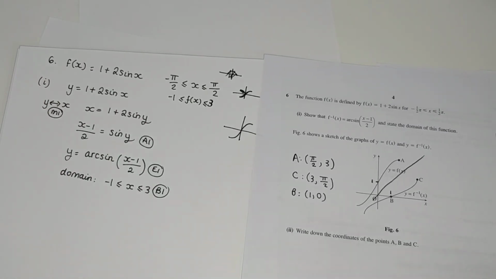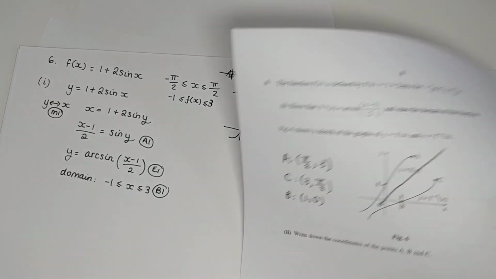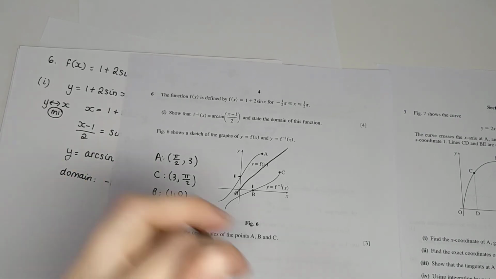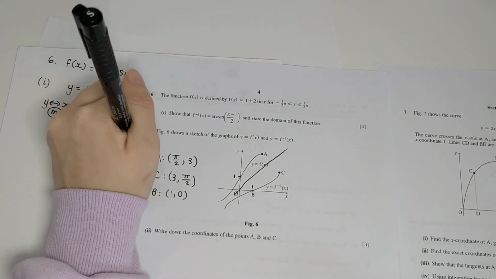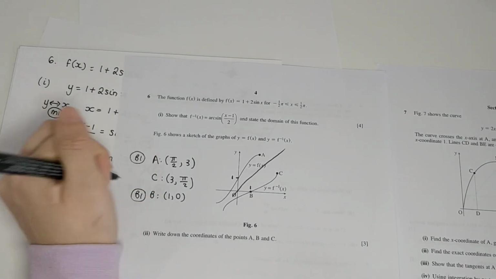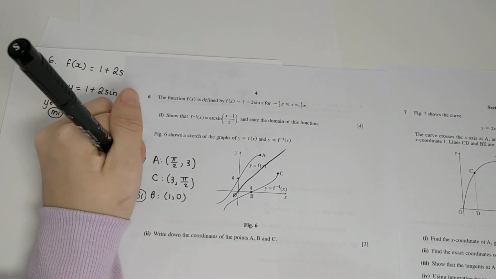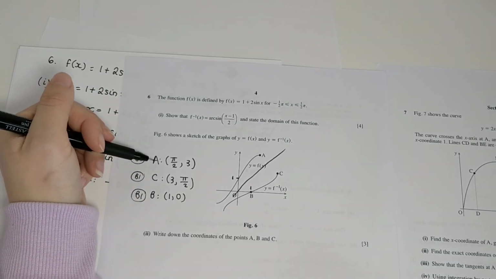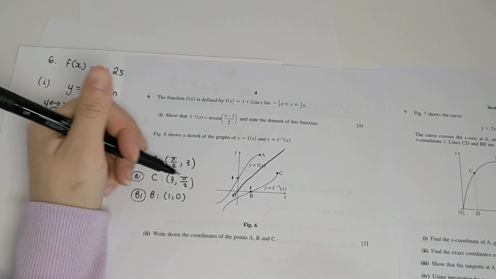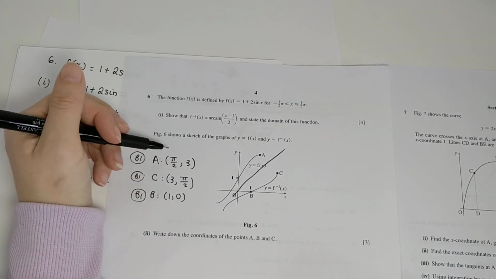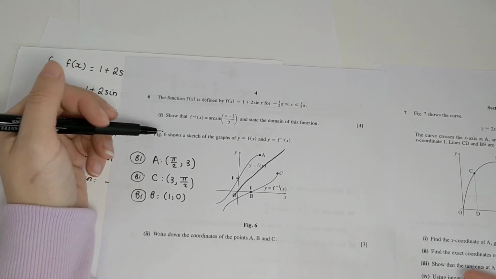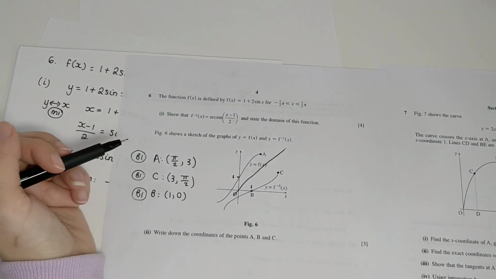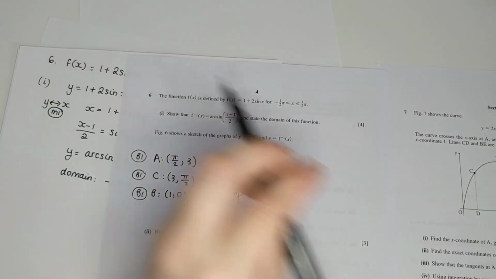And then we're going to get B1 for A and B. And C is also a B1, but it's a follow through on A. So if you got A wrong, but your C is the swapped version of A, then you'll get the mark for C because your intention was correct.